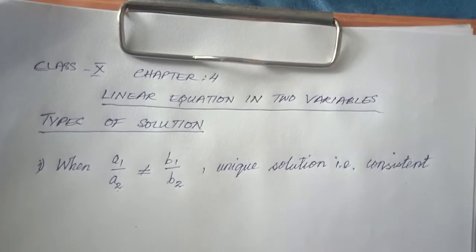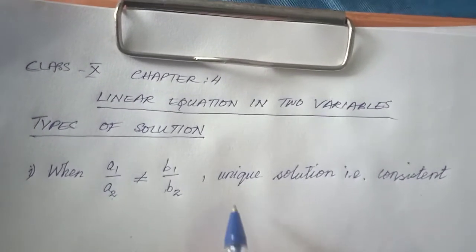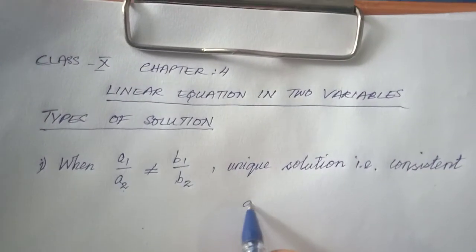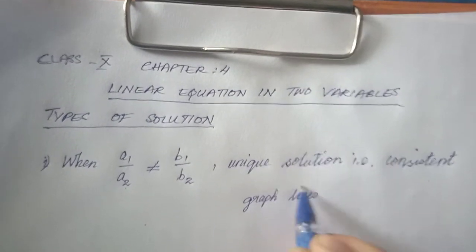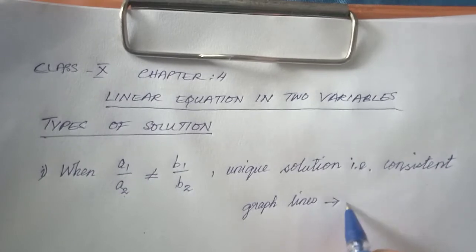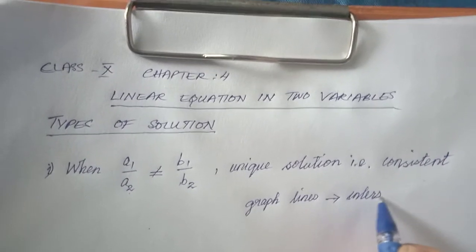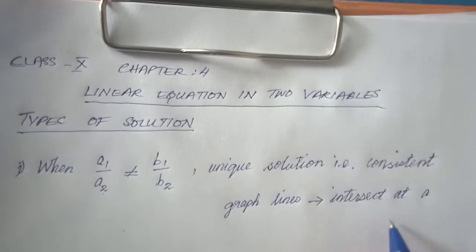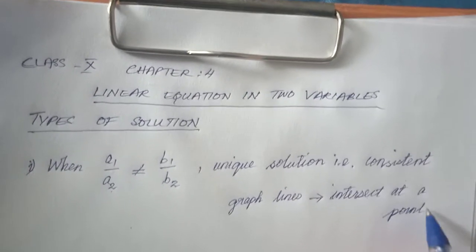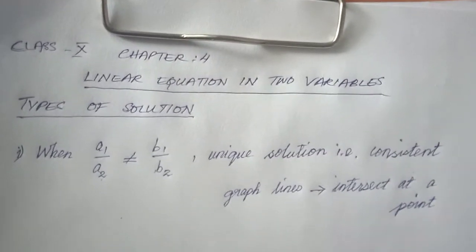That means the graph lines will intersect at a point. Very important. The graph lines are for x and y.